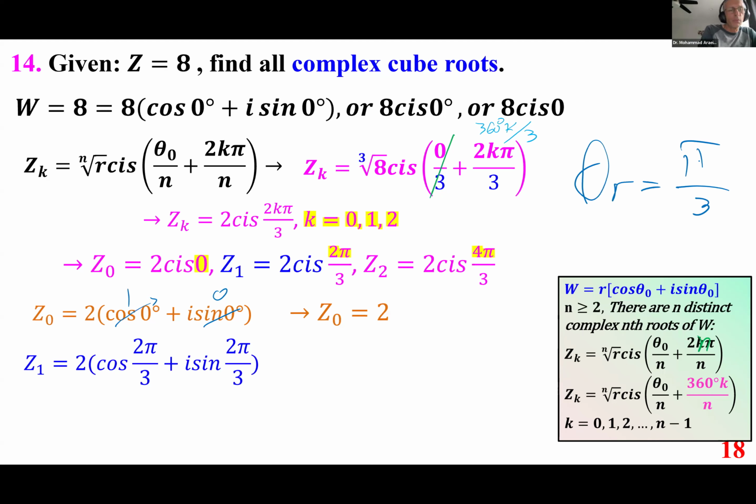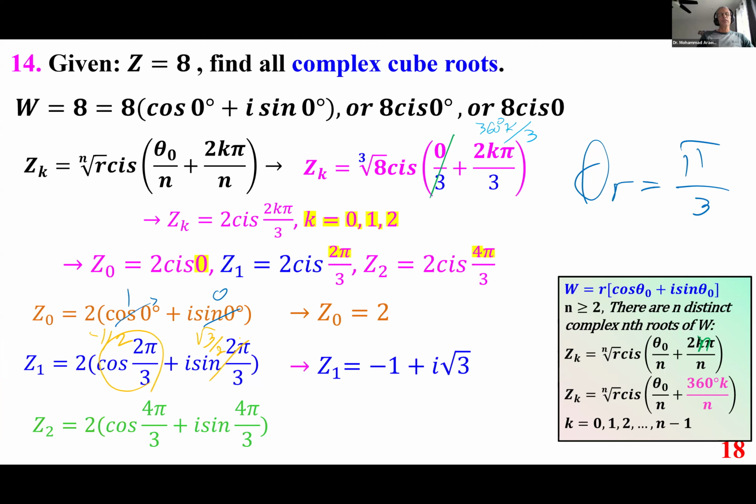Cosine of pi over 3 is 1/2, in the second quadrant it's negative. Sine is square root of 3 over 2, and in the second quadrant it is positive. You drop the 2, you get negative 1 plus i square root of 3.